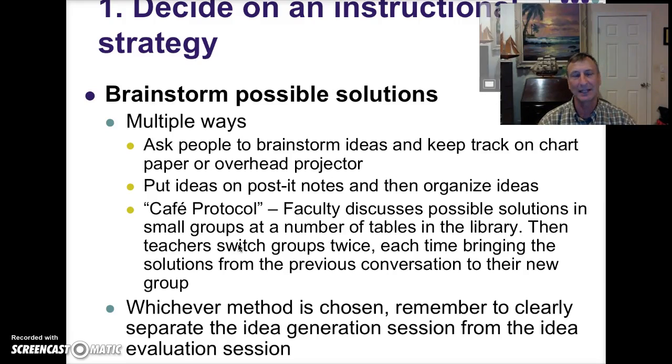In this process, we're really talking about this idea of brainstorming possible solutions.